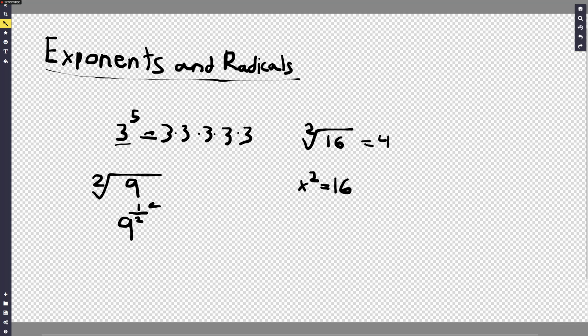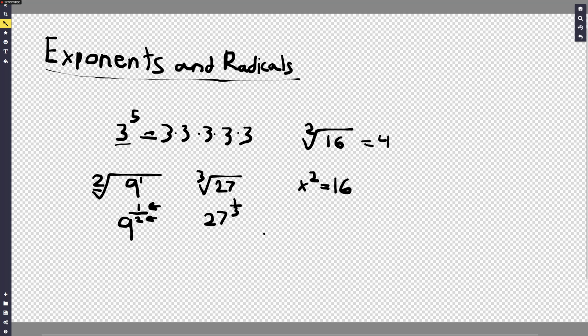Well, the 1 is in the numerator because it's actually 9 to the power of 1, or the square root of 9 to the power of 1. And a 2 is in the denominator because it's the second root, right? If it were, let's say the cube root of 27, if you guys could have guessed, that's 27 to the power of 1/3.